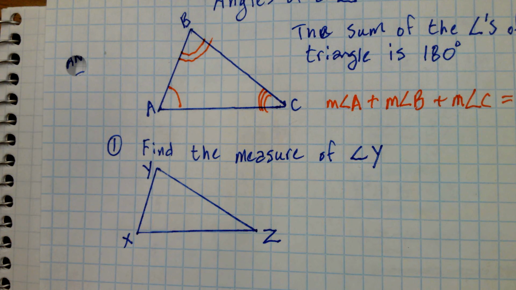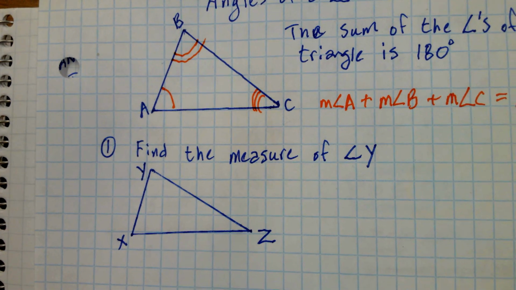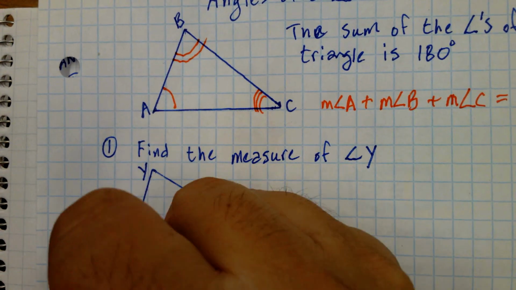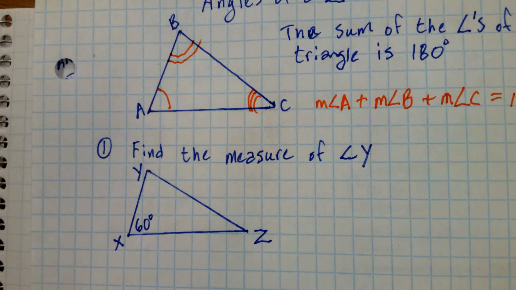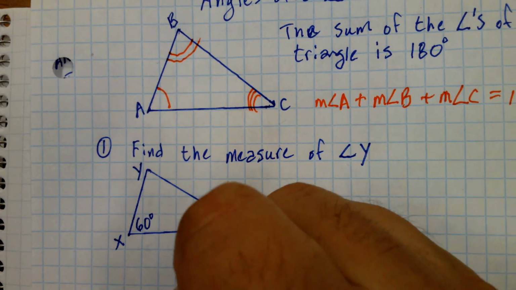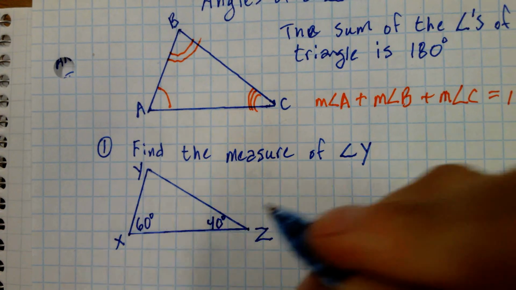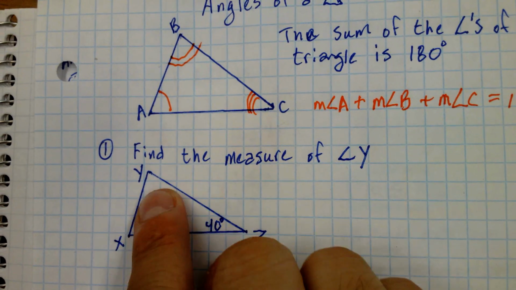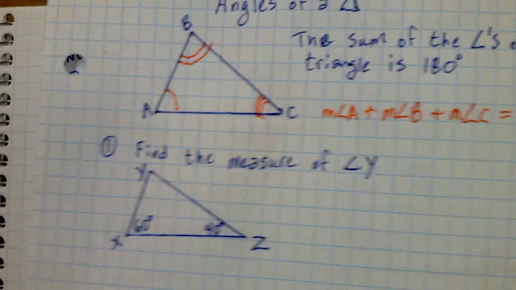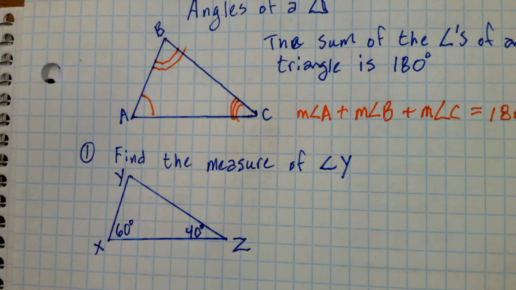I'm going to give you a couple of angle measurements inside. So angle X is going to be 60 degrees. Angle Z is going to be 40 degrees. And Y we don't know. We want to figure out Y. So this angle Y is unknown to us. But using that property we just talked about, we can figure this out.